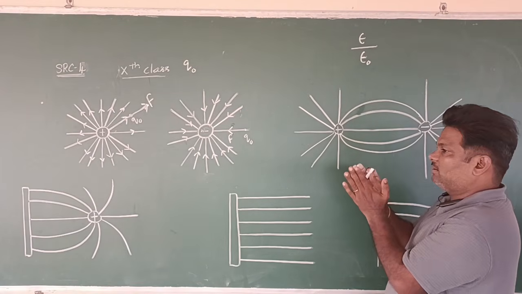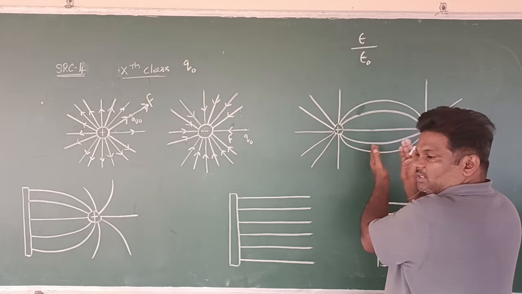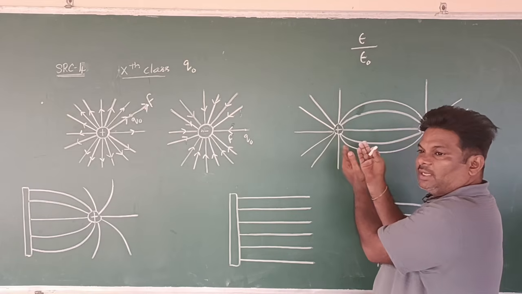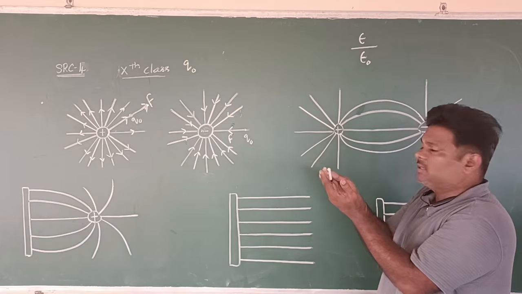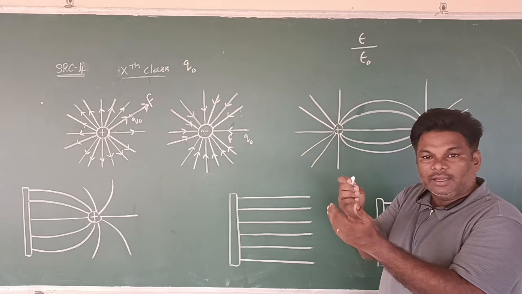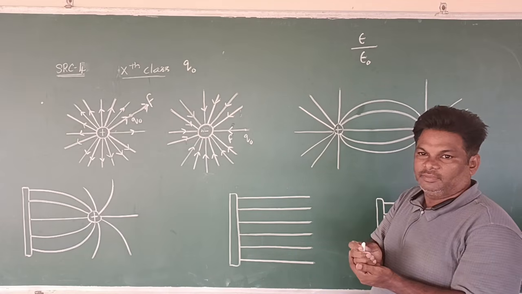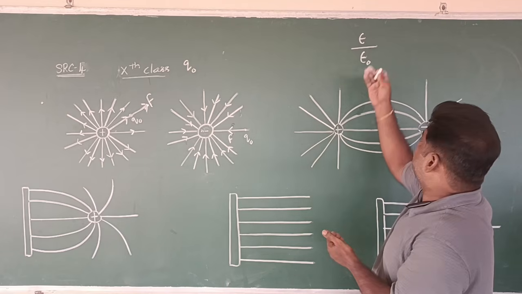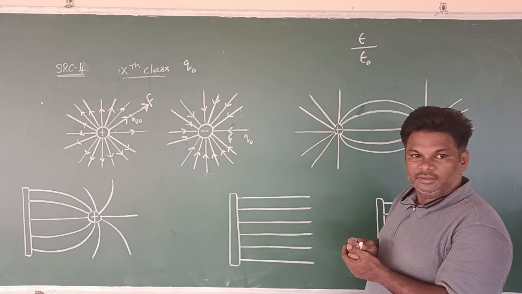Suppose you are placing these two charges in an air medium, the permittivity of air or free space will be epsilon naught. If you are choosing a medium other than air, then you will get another permittivity, that is epsilon.